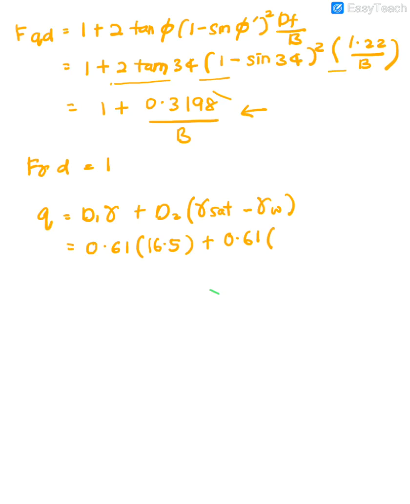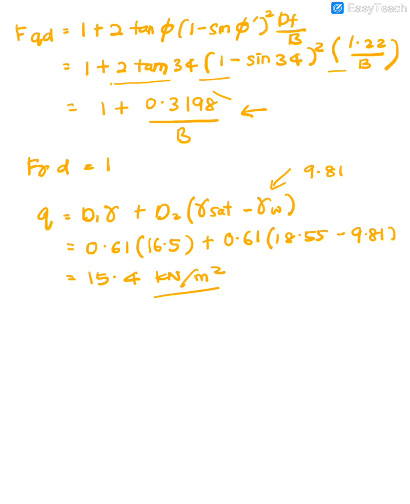Gamma saturated is given as 18.55, minus gamma w is 9.81. So you get the answer 15.4 kilonewton per meter square. Don't forget the unit when you answer the question.